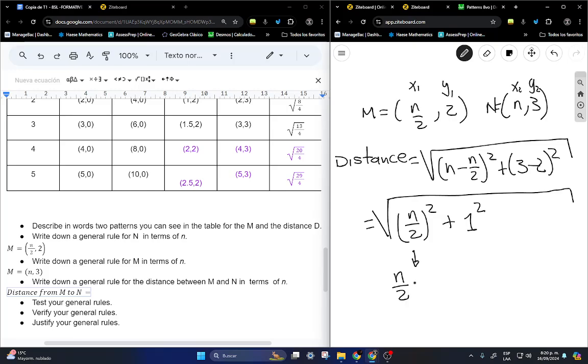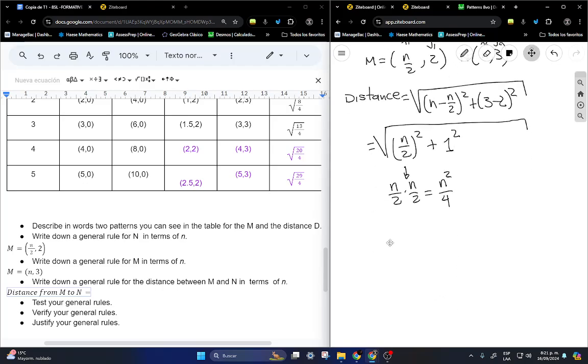That is n halves times n halves, which is n times n is n squared. 2 times 2 is 4. So in the next step, we can replace. N squared over 4 plus 1 squared, which is 1. Okay? Can we simplify this anymore? Nope. That's it. So let's write it like that.